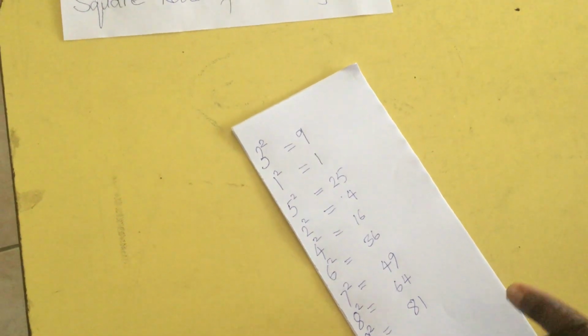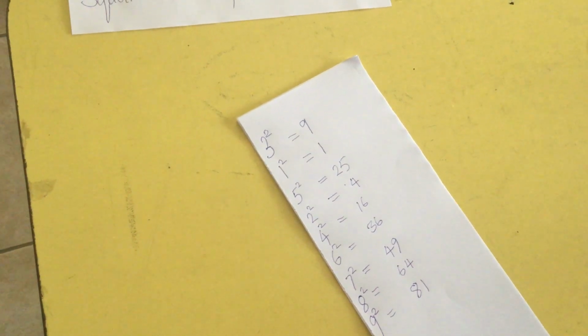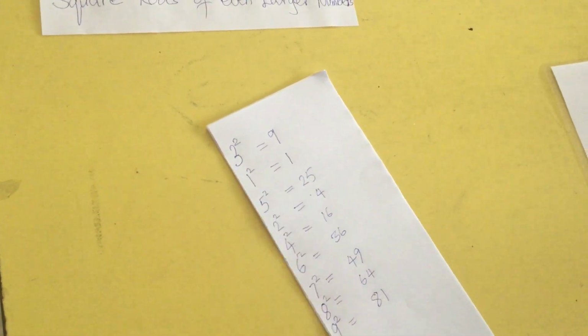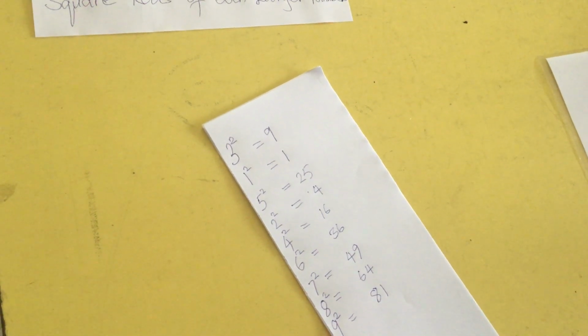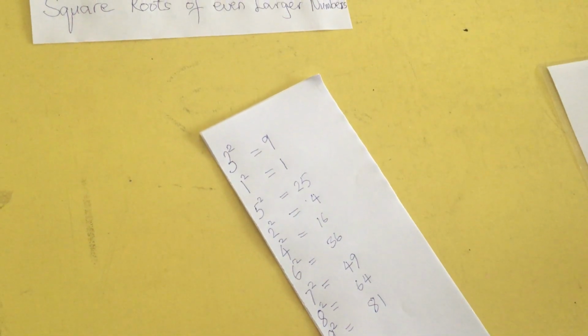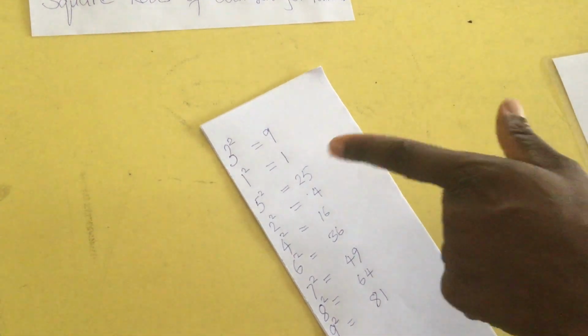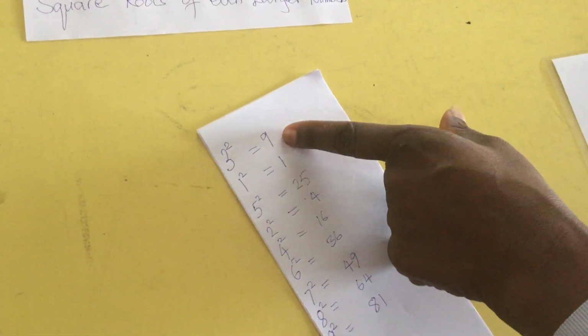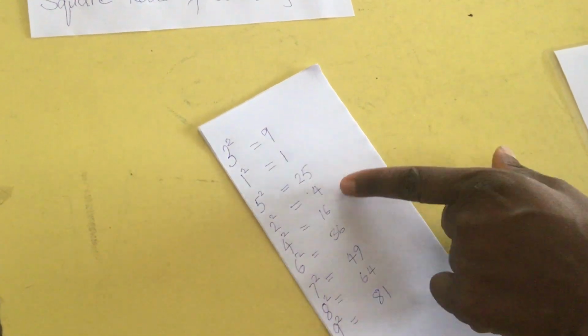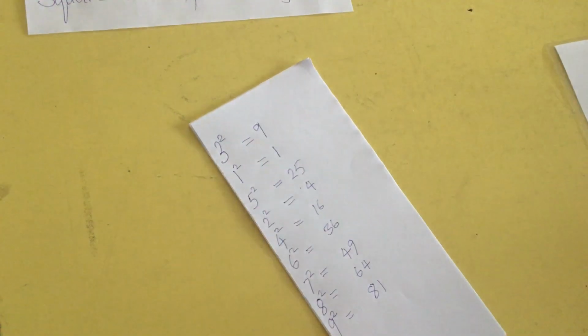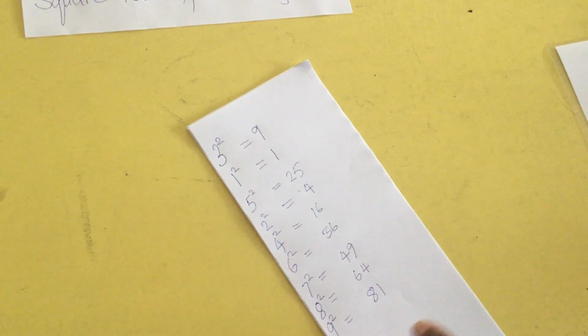So we see that the values of numbers from 1 through 9 have either 1 or 2 digits in them. You can see here we have just 1 digit, 2 digits, 1 digit, 2 digits, and so on.